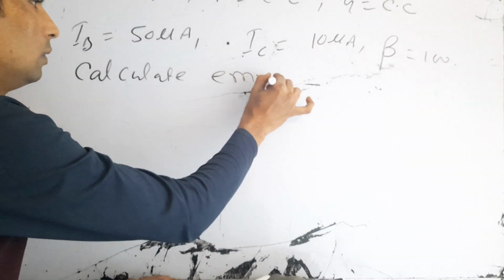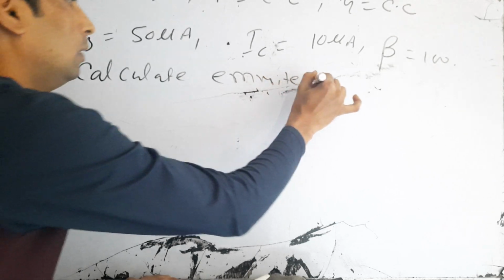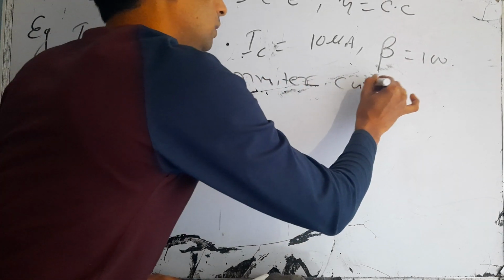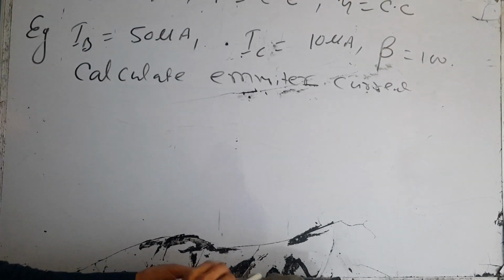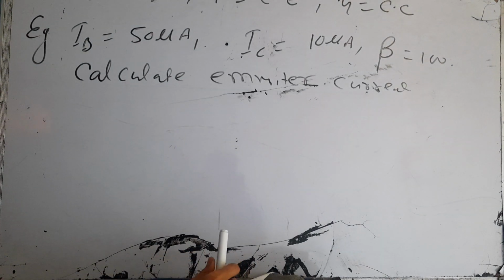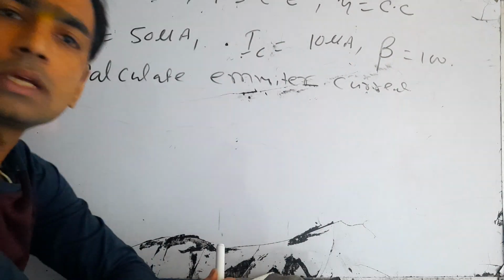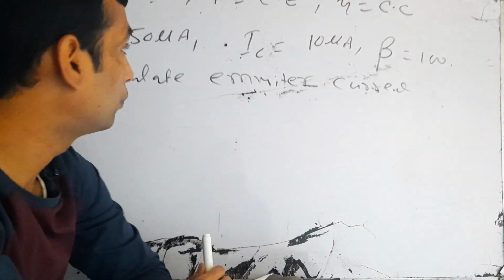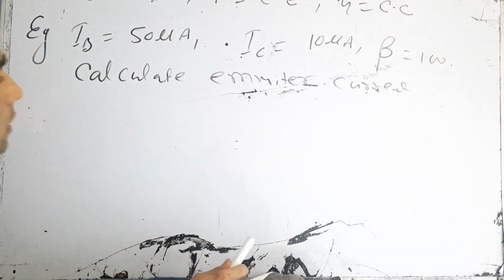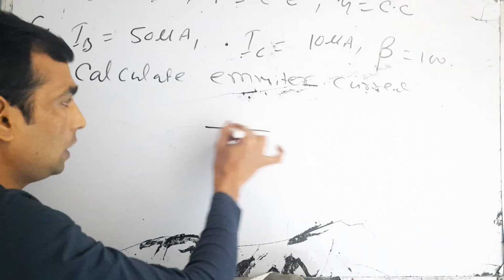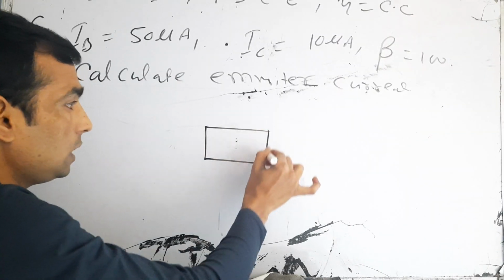How can we do that? Beta is already given. First you have to draw the emitter transistor. This is a way you can revise your formulas, students.